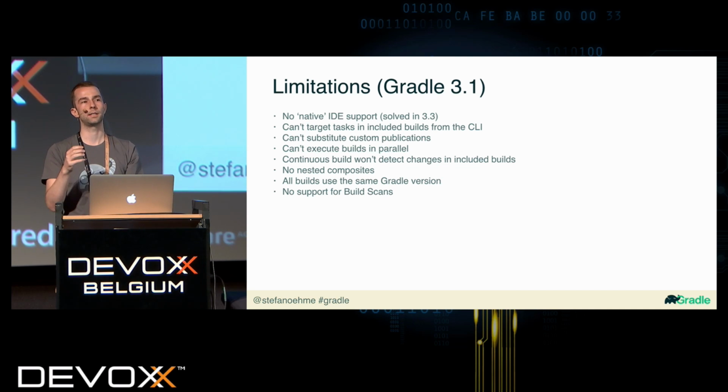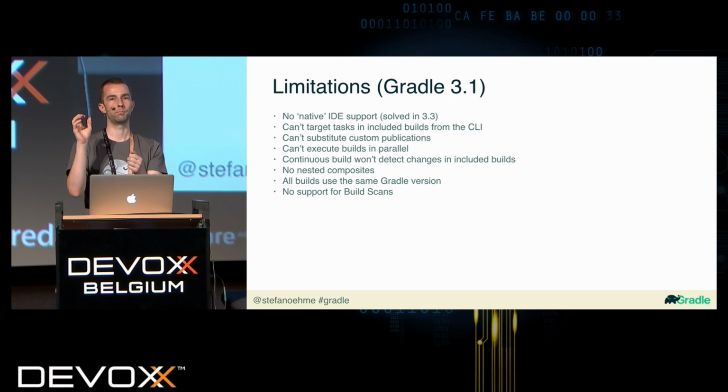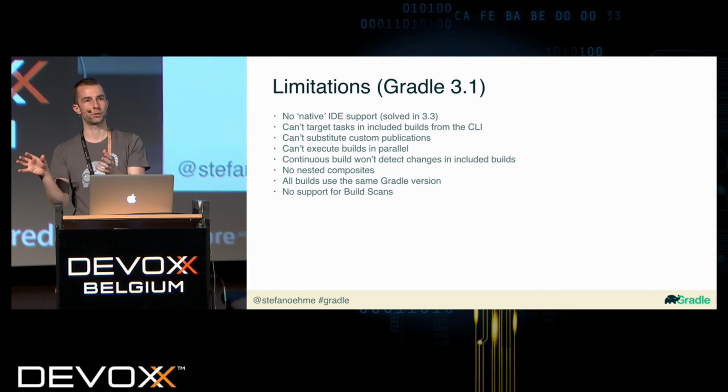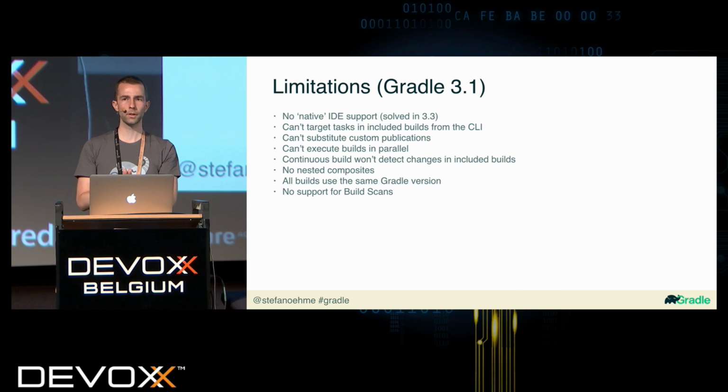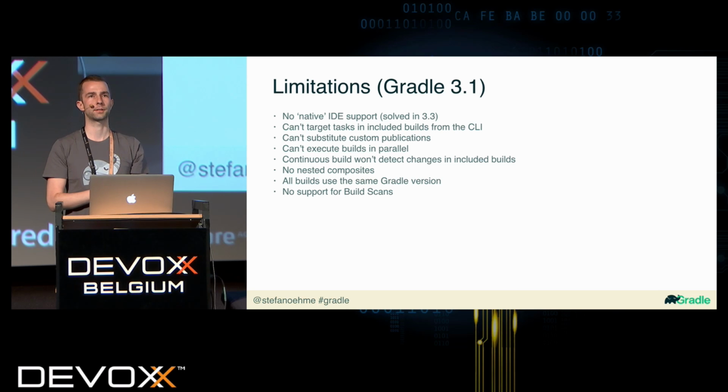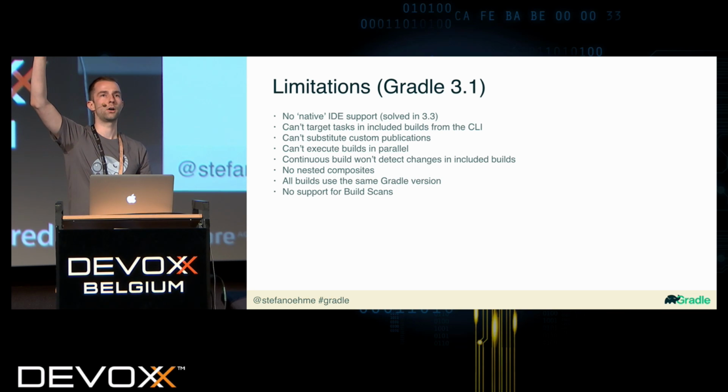And we will also make it easier to target a subtree. So let's say I want to run the build task in all subprojects of my app. And this will benefit composites. It will also benefit normal multi-project builds. Who has had that use case that they just want to build a subtree of their project? Yeah.